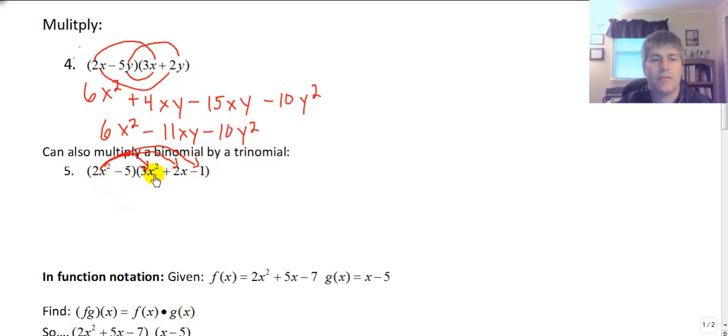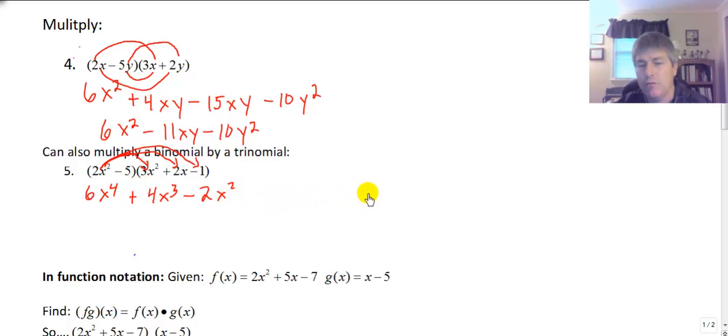So I get 2x squared times 3x squared, we get 6x to the fourth. 2x squared times 2x, and we get a positive 4x cubed, and 2x squared times negative 1, and we get a negative 2x squared. And we can continue now when we multiply the negative 5 times every term.